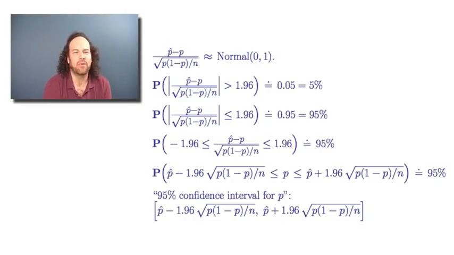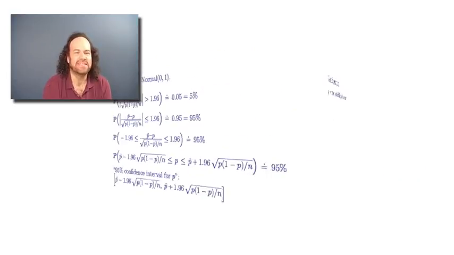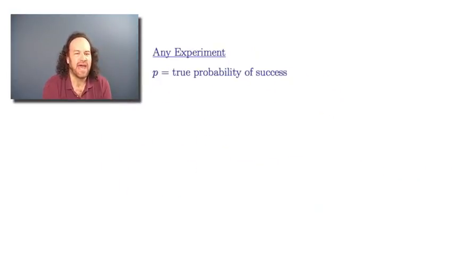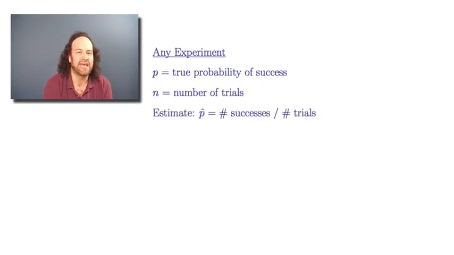Now, if we understand what we did for the bottle cap, then it's easy to do it in general. Say we have any experiment with a certain probability of success, like getting red, and we run n different experiments or trials. We look at the proportion of successes, the number of successes divided by the number of trials, and call that P hat. It's our estimate of the true probability of success on each trial.